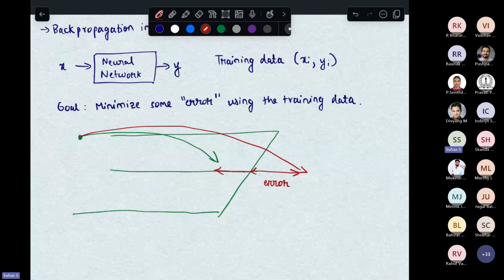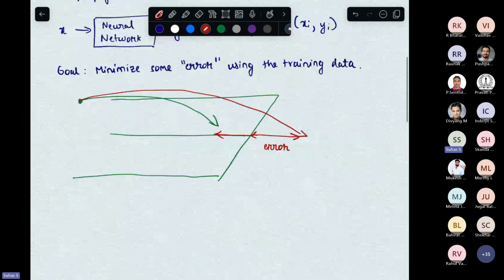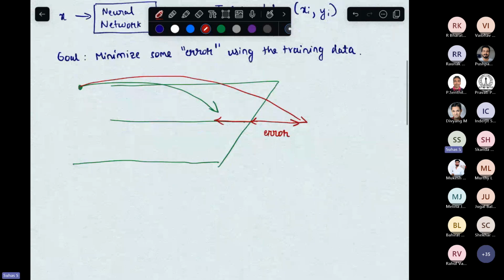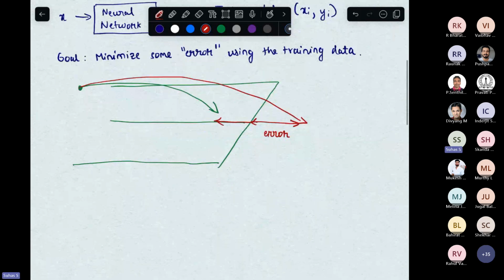So this is what we want to minimize, and as we keep practicing, our muscles develop that skill to be able to hit inside the court, while at the same time minimizing this error. So that is the goal of learning neural networks, that is to accomplish some task by reducing some form of error. So this is the goal of neural networks or deep learning in general.